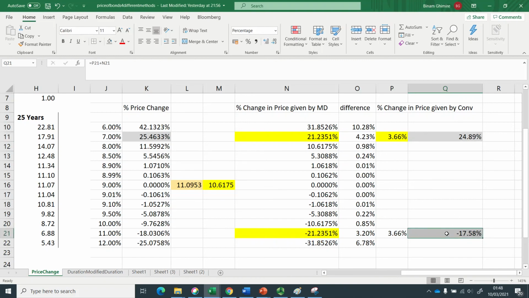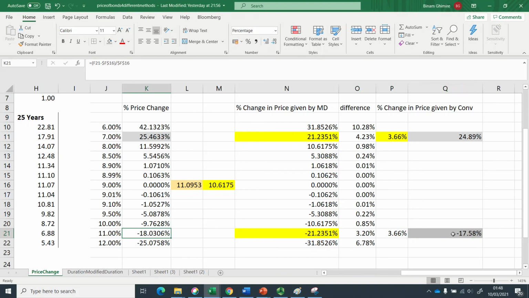It was not possible just from modified duration, because modified duration was saying negative 21%, whereas the actual is minus 18%. So we're now much closer to this 18%.